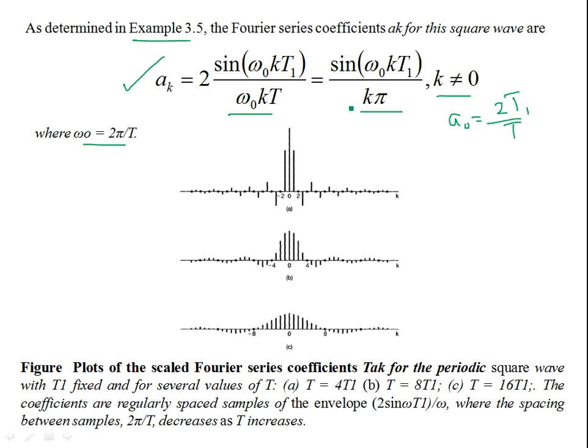You can bring 2 pi here, cancel the 2, and write it as such. This is for k not equal to 0, and we have already developed this expression in example 3.5.